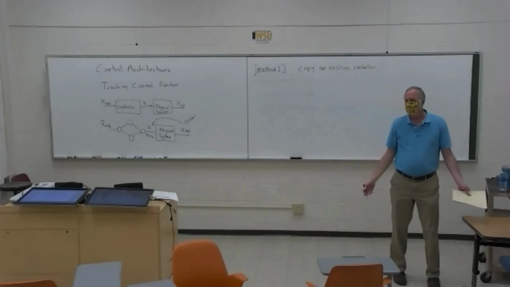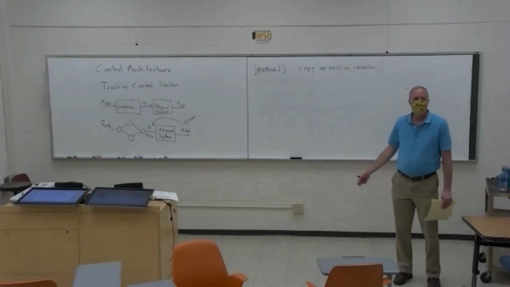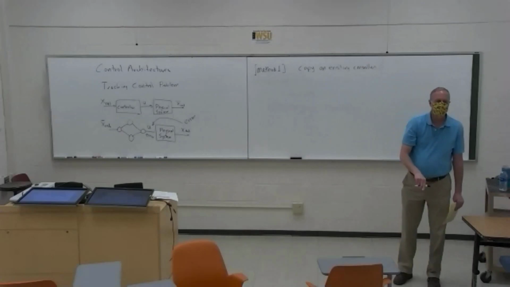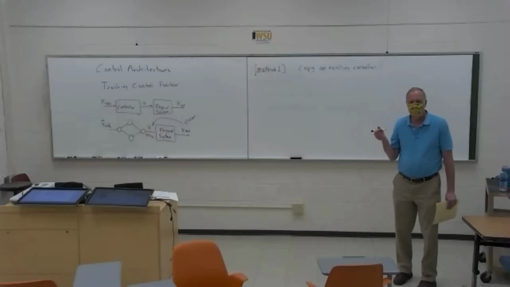Which would work as long as you pick the right controller, right? You're in a class, you're taking an exam, the guy next to you knows how to control his answers to get the good grade, right? So you copy his strategy. Hopefully you don't. But that's one way you could get the right answers, right?